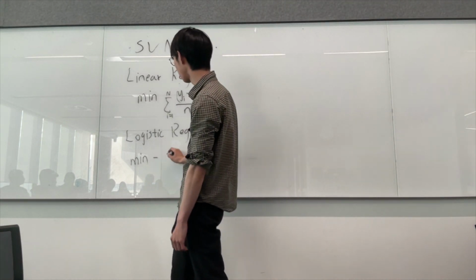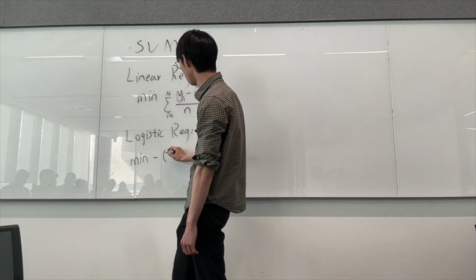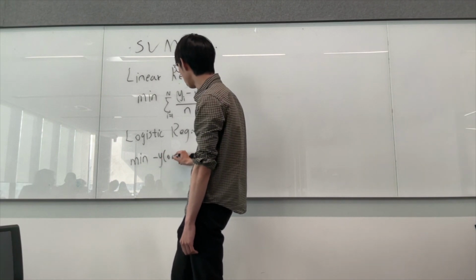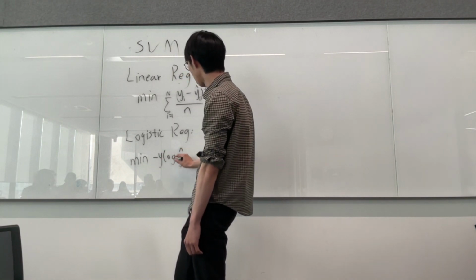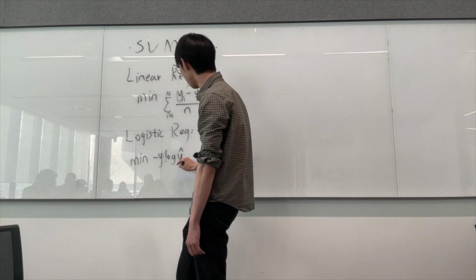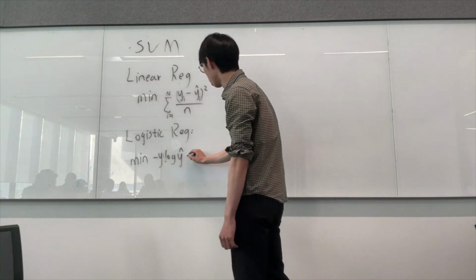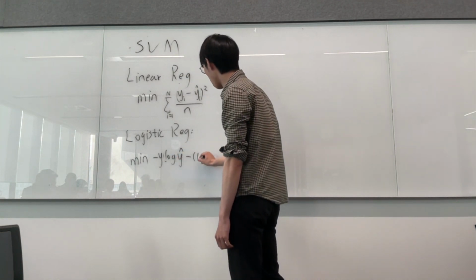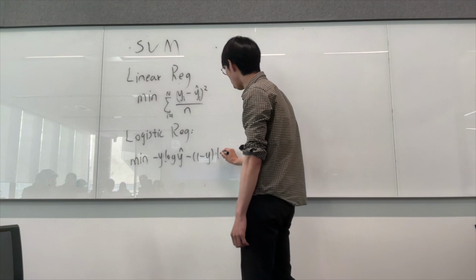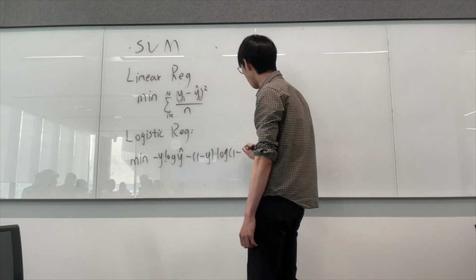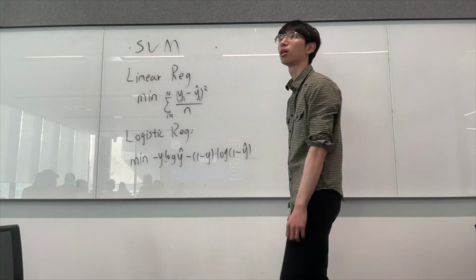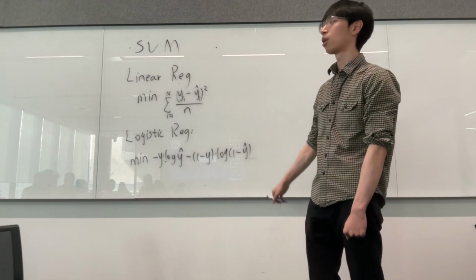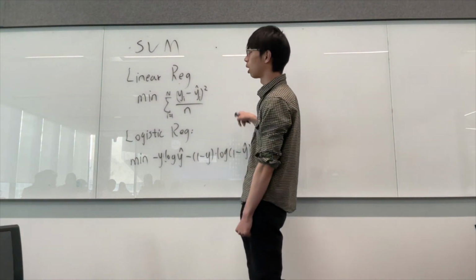Minimize negative y log y hat. This is prediction. This is ground truth. Minus (1 minus y) log (1 minus y hat). Yep. How do we derive this objective function?